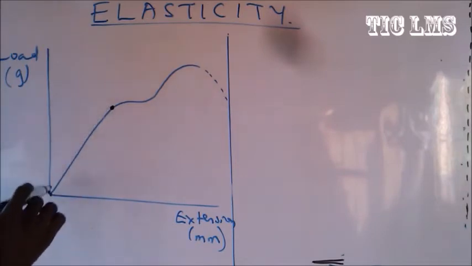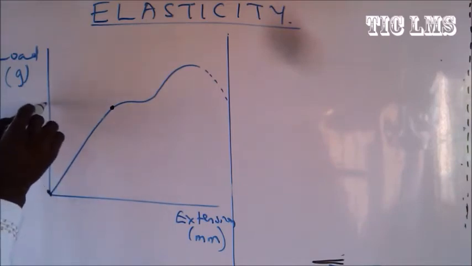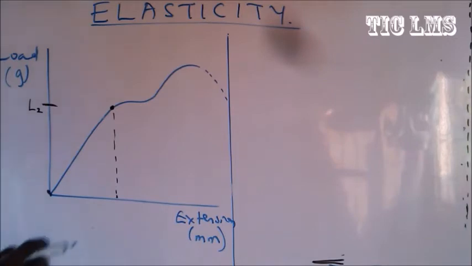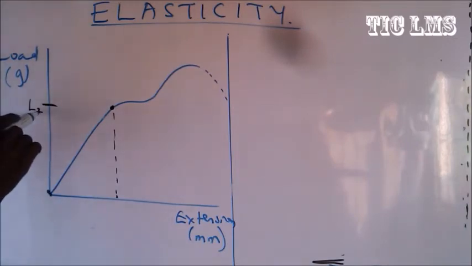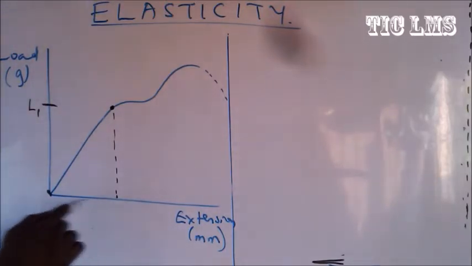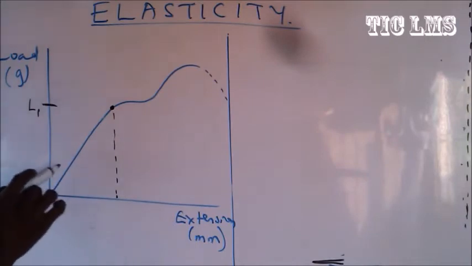Along this straight line, when a load is placed on the spring, now let's say the load is of this value, this spring will still return to its original length. That is, if a load of this particular weight or of this particular mass is placed on a spring, the spring will return to its original length.